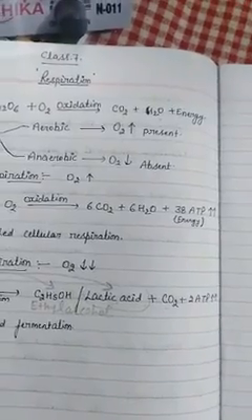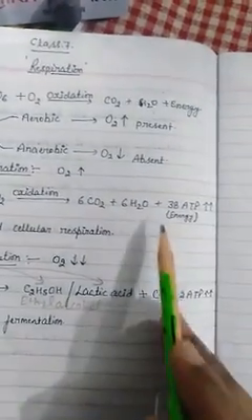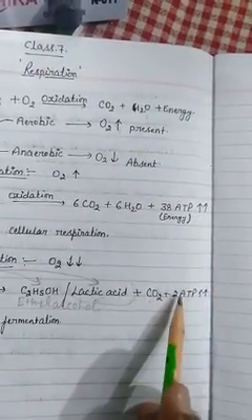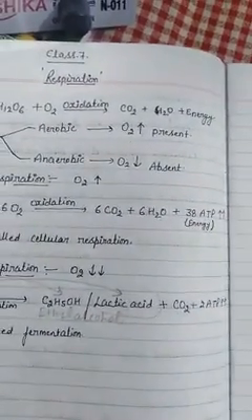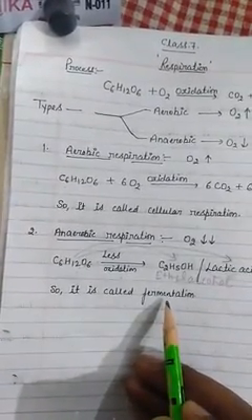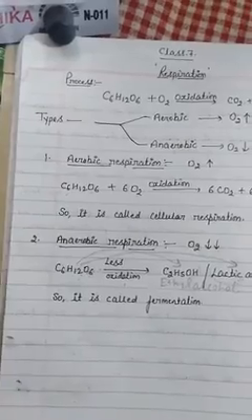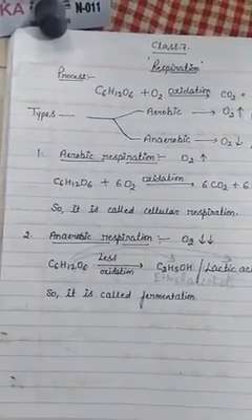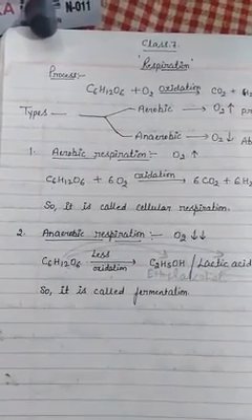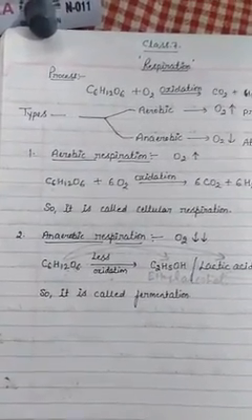So very little energy is released. Here you can see in cellular respiration 38 ATP energy is released, and here only 2 ATP energy is released, and this process is known as fermentation. So when there is oxidation of glucose in the absence of oxygen, this process is known as fermentation.